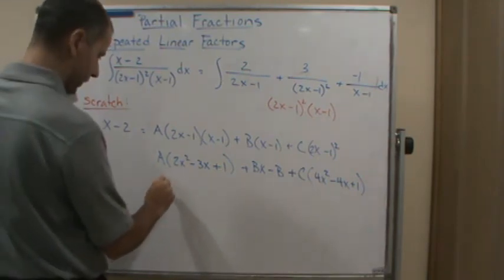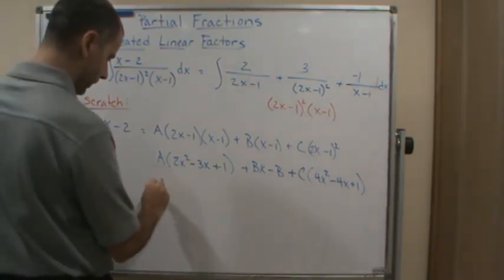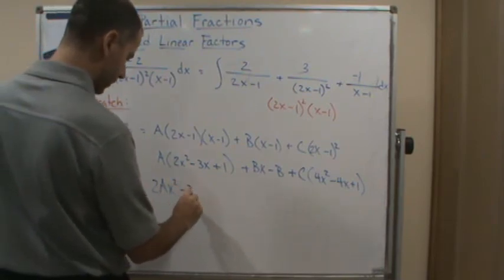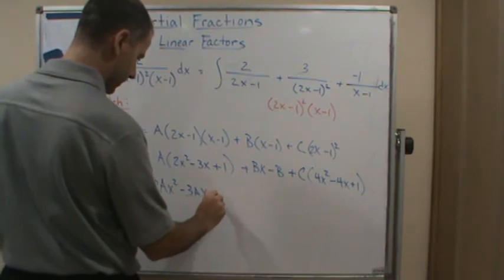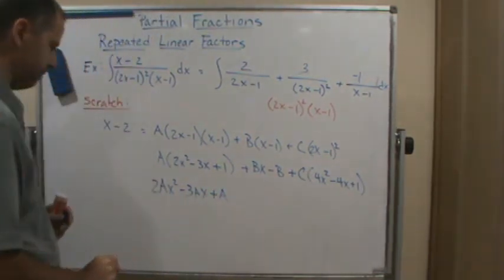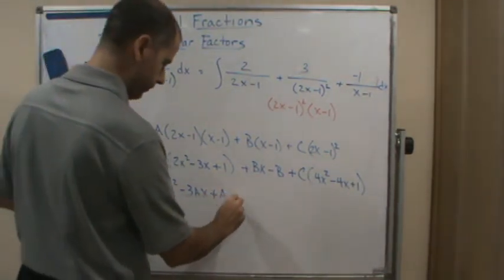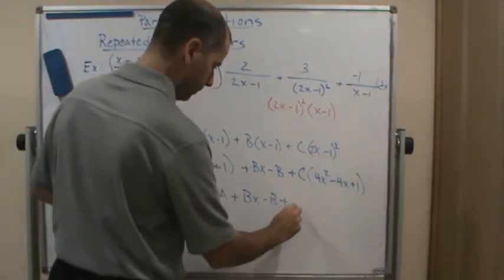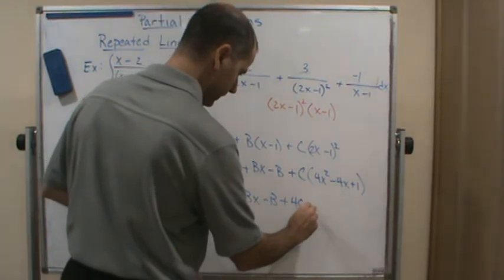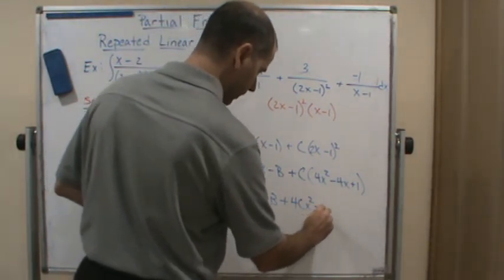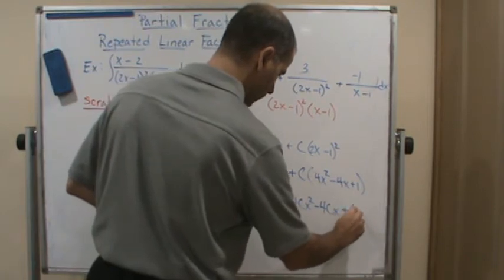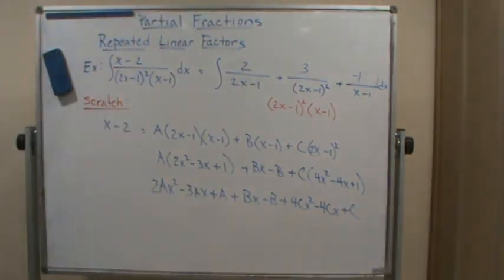And then this gives me 2ax squared minus 3ax plus a plus bx minus b plus 4cx squared minus 4cx plus c. Okay.